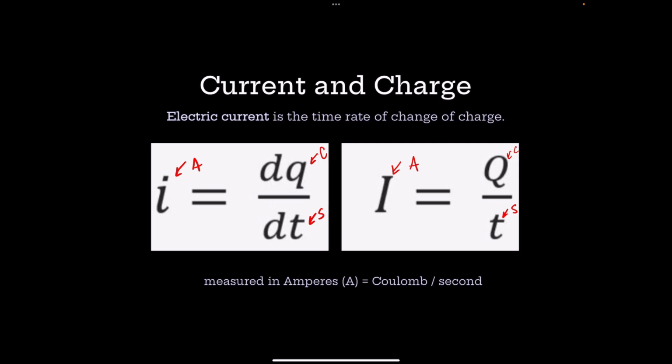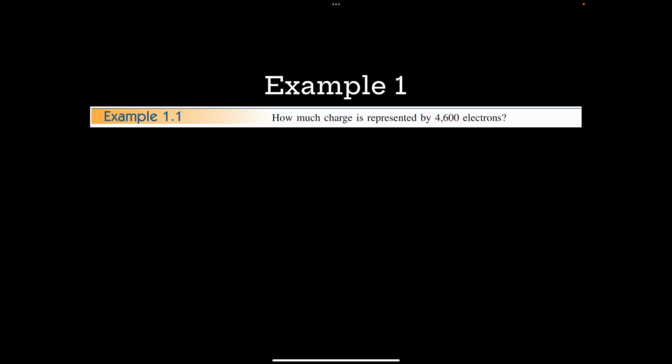Now, let's go on to do two examples. In our first example, we're going to calculate the amount of charge present in 4,600 electrons. We've discussed before that there are negative 1.602 times 10 to the negative 19 coulombs of charge per electron.